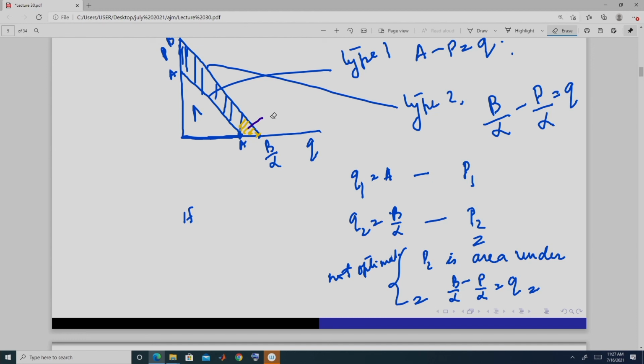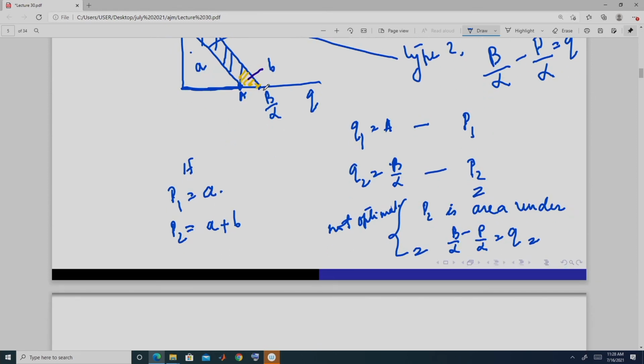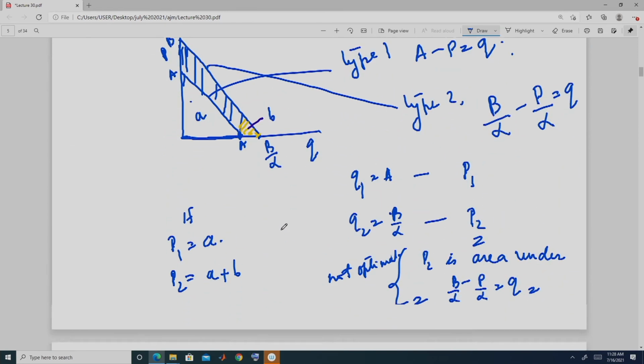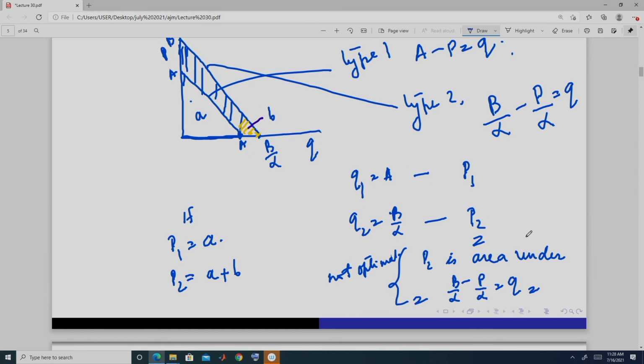This is suppose this, and this is suppose small a. So, P1 can be equal to small a, this whole region, and P2 can be a plus B. Then the type 2 consumer is indifferent between buying this bundle and this bundle, and we assume that the type 2 consumer buys this bundle when P2 is equal to this.